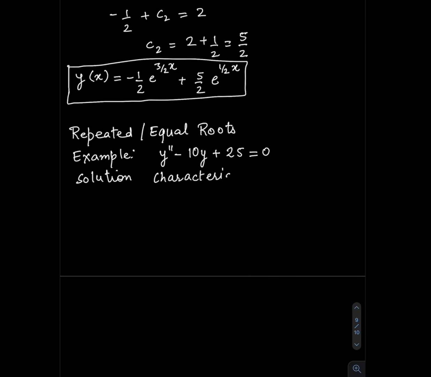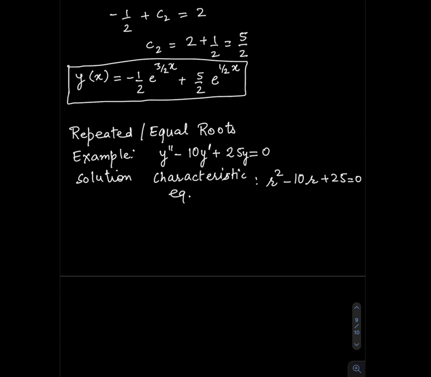So the characteristic equation is r squared minus 10r plus 25 equal to 0.